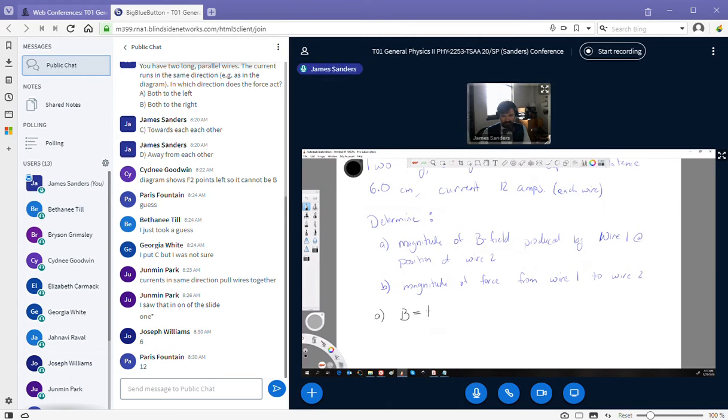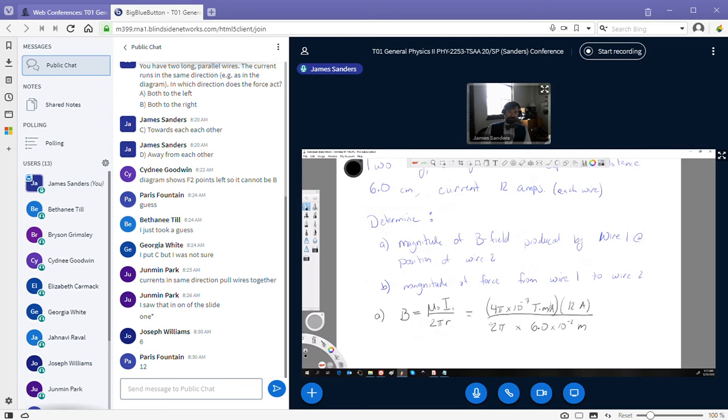So B1 equals mu naught I1 over 2 pi r. Mu naught is 4 pi times 10 to the negative 7 Tesla meter per amp. I1 is 12 amps, that was given up here. And then divided by 2 pi times the separation distance, 6 centimeters, so 6.0 times 10 to the minus 2 meters.